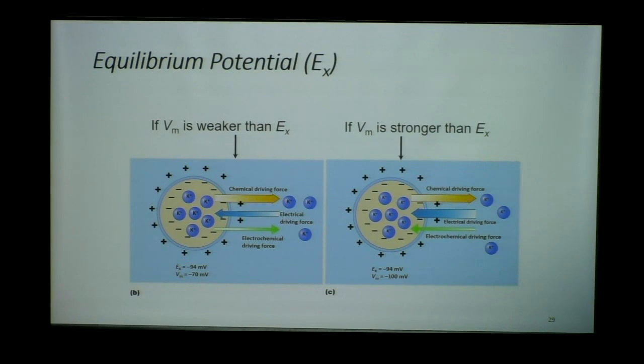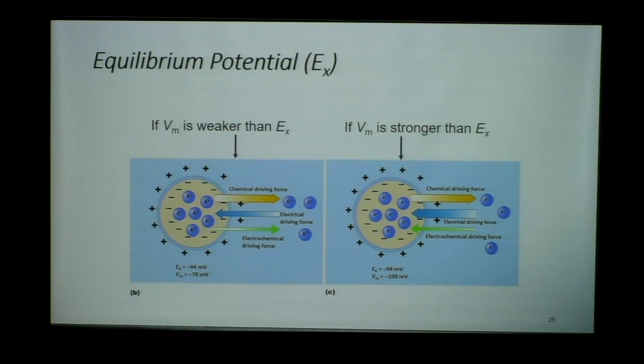And so because we have a stronger membrane potential, the sum of these two forces is naturally going to go in the direction of the electrical driving force, simply because the membrane potential is greater, it's more influential on those two forces combined. All right, so as you can see here, the electrochemical driving force will go in the direction of the greater force, of the more influential force, which happens to be the electrical driving force in this scenario, okay?